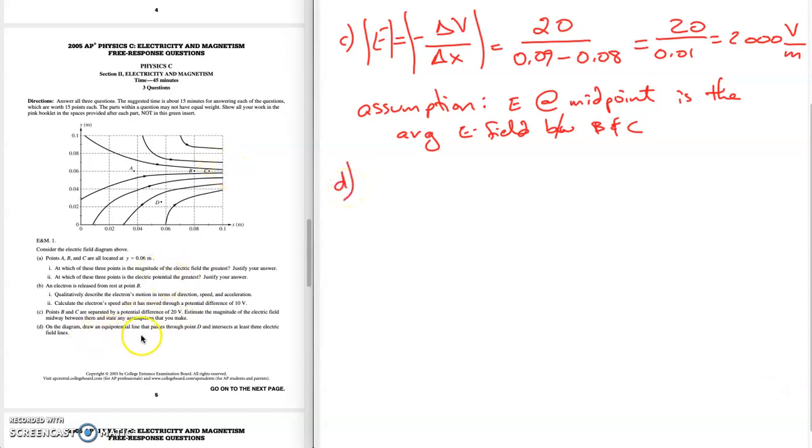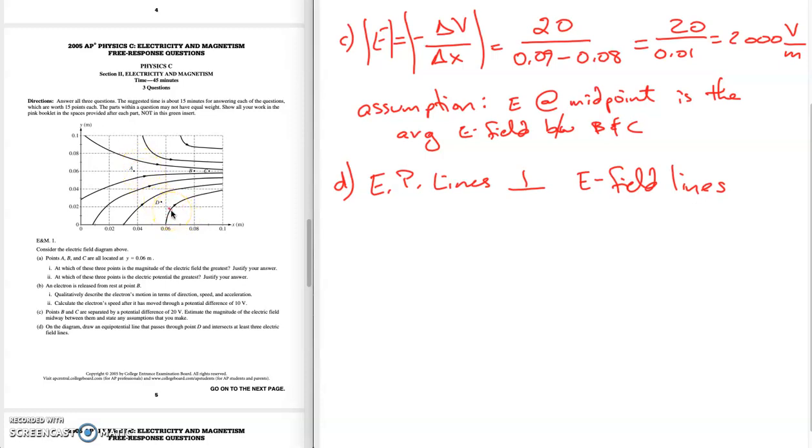On the diagram, draw an equipotential that passes through point D and intersects at least 3 field lines. Okay, now remember the relationship between equipotential lines. Equipotential lines are perpendicular to electric field lines. So what we need is a curve that's going to be perpendicular to all of these electric field lines.